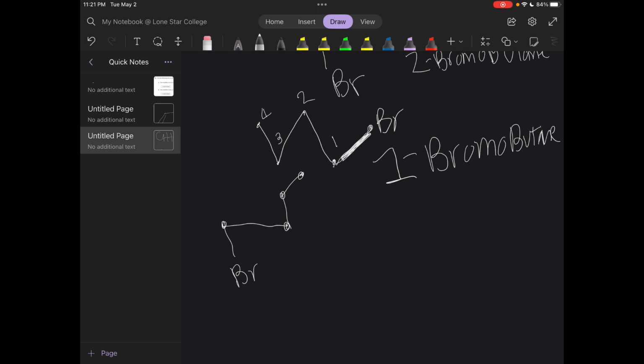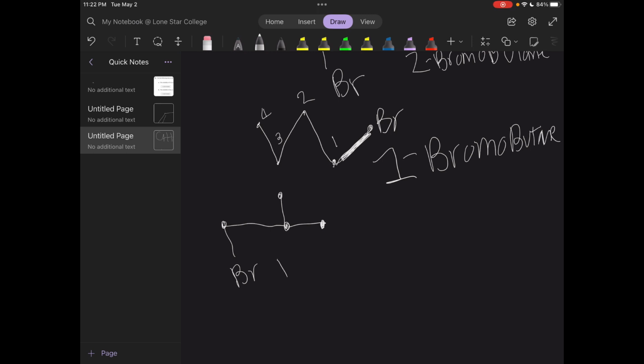No way, because that would not be the longest carbon chain. So 1-bromo, 2-methylpropane.